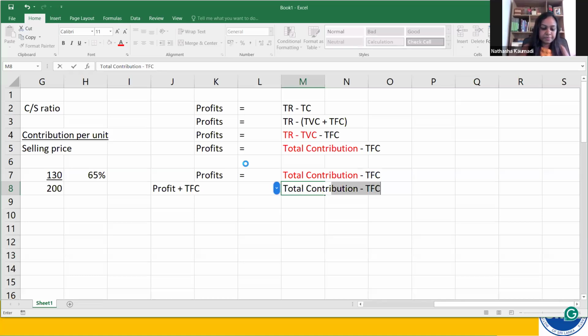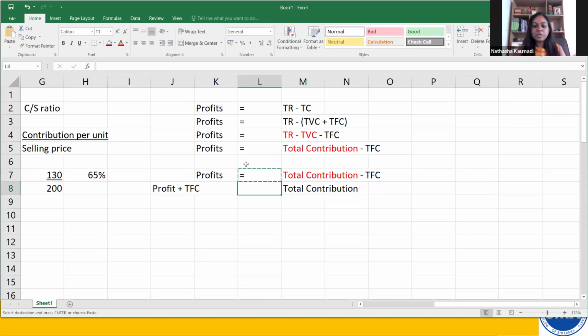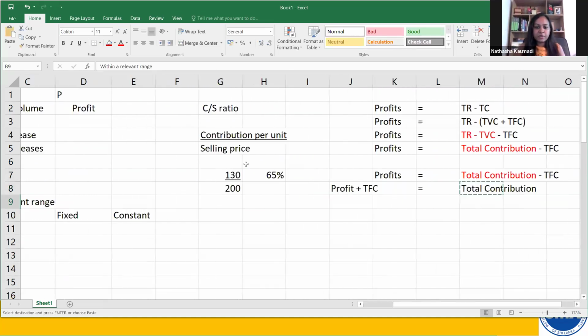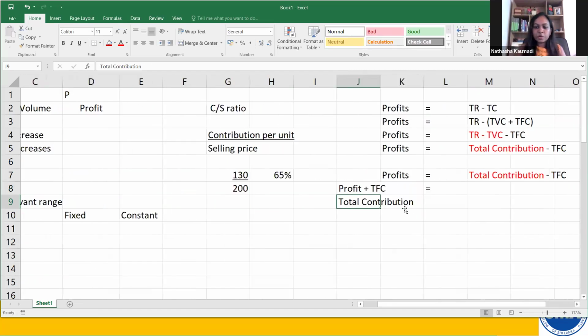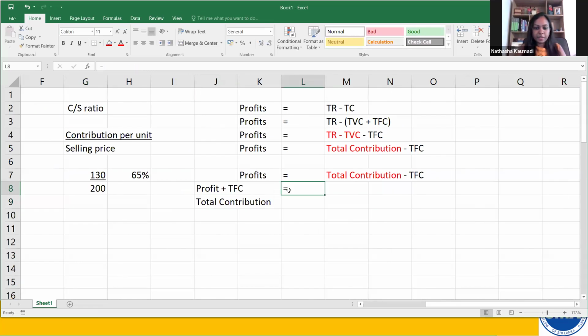Right? So if I write it like this, total contribution equals profits and fixed costs, or total fixed cost plus profits.